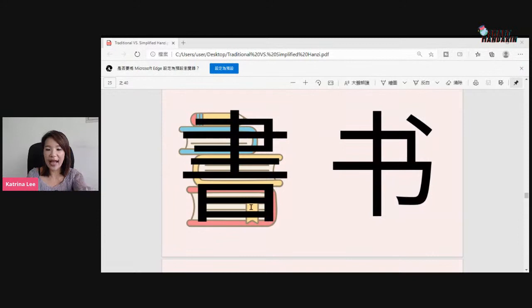He gave me that example. For the character 书, book, you have a lot of horizontal strokes. That gives me the clue, like a stack of books.